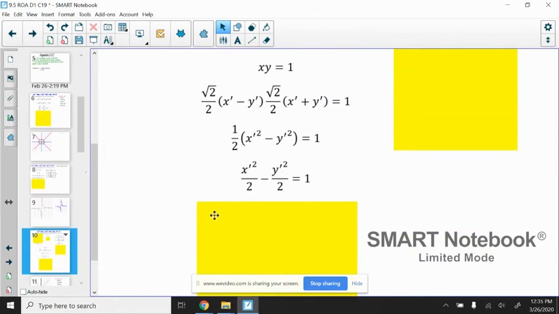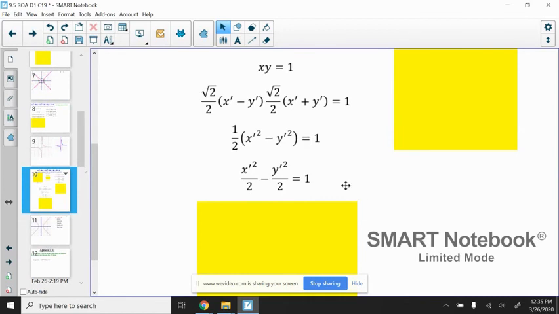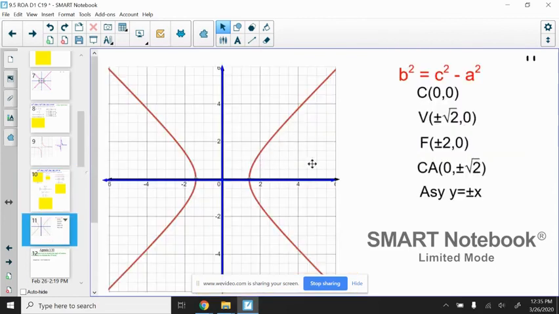But the relationship of a squared and b squared and c squared, how to find the center, how to find the vertices, the foci, the endpoints of the conjugate axis, that mathematics still holds in all aspects. So let me grab a graph, because this is what it used to look like. There are all those values, but, and this is the most important thing to remember, they are not on the xy axis.